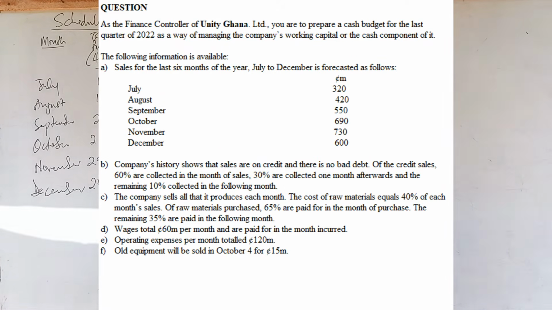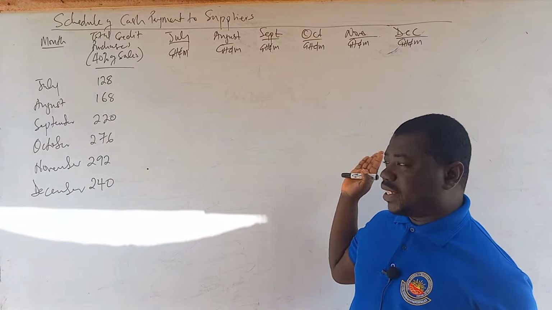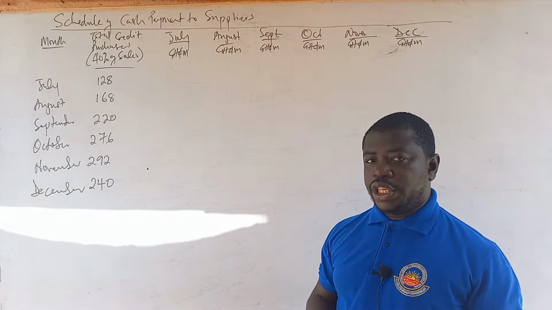The cost of raw materials equals 40% of each month's sales. That is what we just did. Of the raw materials purchased, 65% are paid for in the month of purchase. The remaining 35% are paid in the following month. So that is going to be the rule for this schedule. Only 2 steps payment. In the previous one was 3-step payment. Now it's just a 2 installment payment.